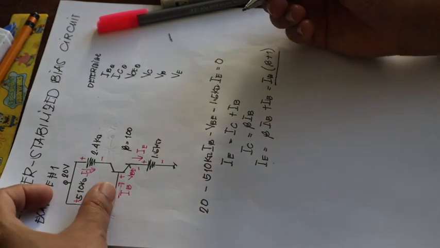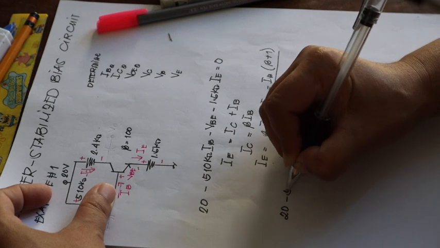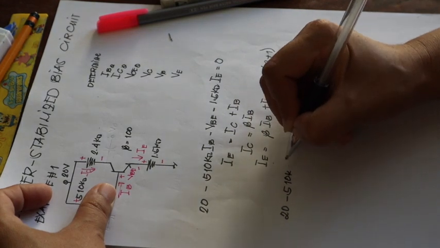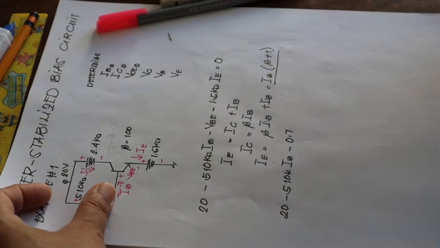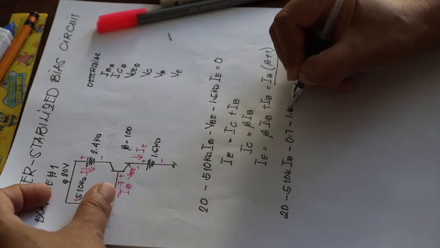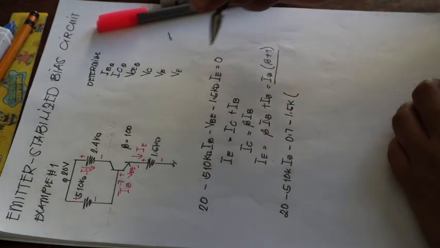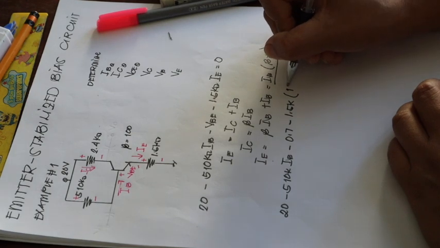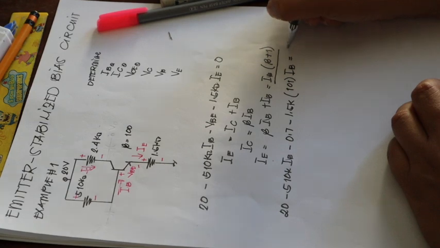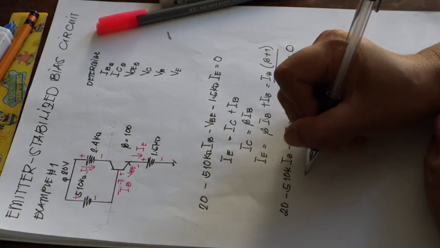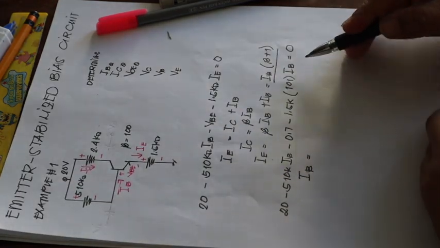So, substituting, we have 20 minus 510 kilo ohm IB minus 0.7 minus 1.5K multiplied by beta plus 1, where beta is 100, so 101 multiplied by IB, and this is equal to 0. And this will actually give us the equation to solve for IB now.